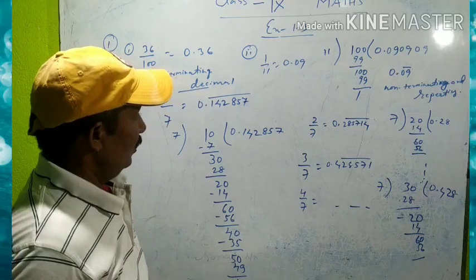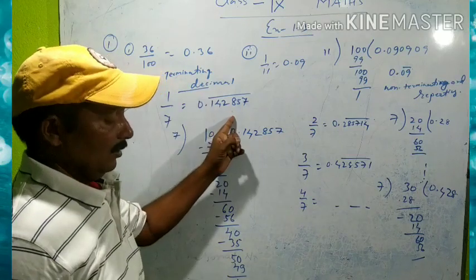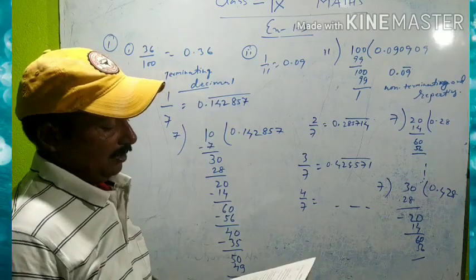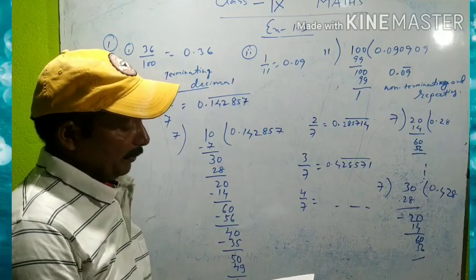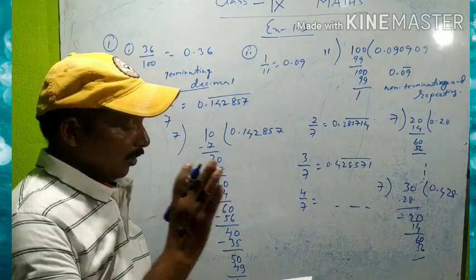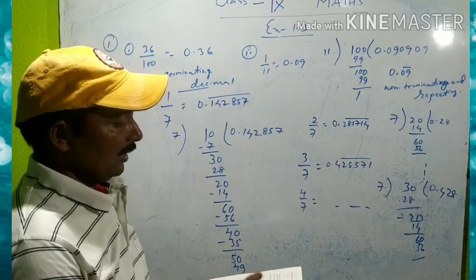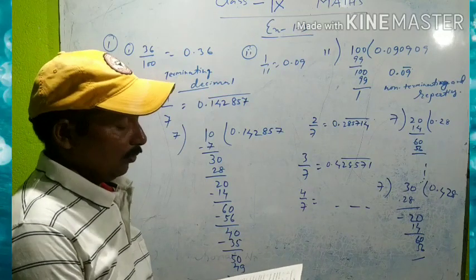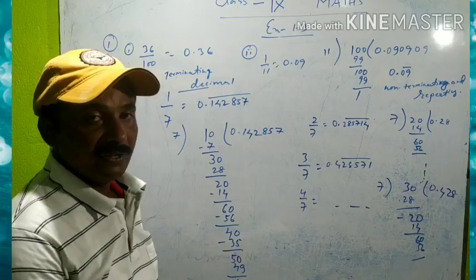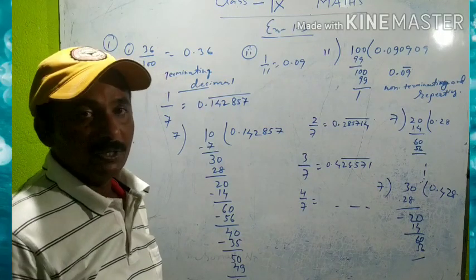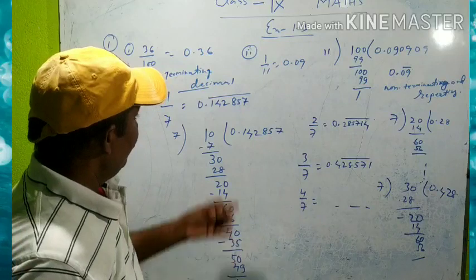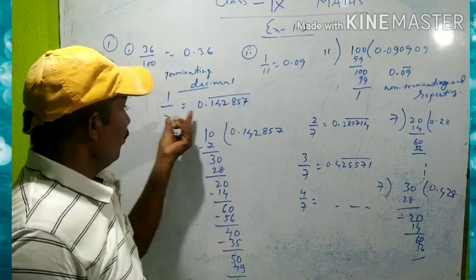The question is: without actual division, predict or write the decimal form of numbers like 2 by 7, 3 by 7, 4 by 7, 5 by 7, with the help of the decimal form given of 1 by 7.